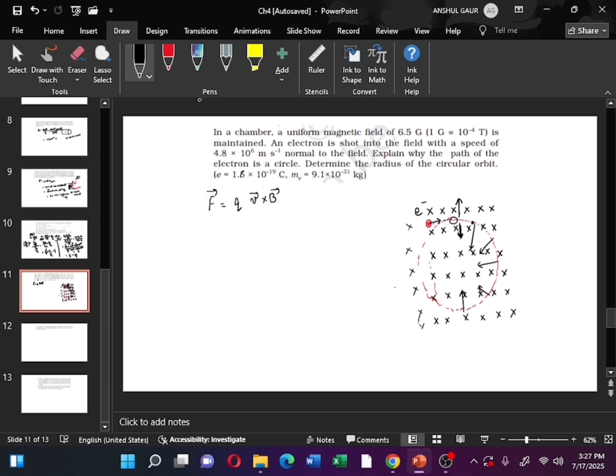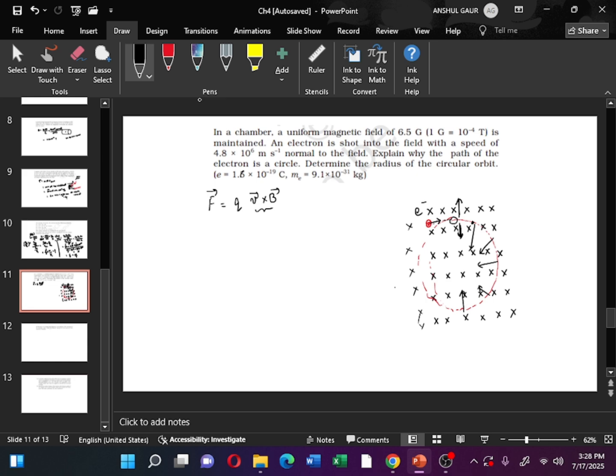The reason being, the force acting on it at every point of its journey is always towards the center of the circular path, and the force is perpendicular to both the initial direction of velocity and the magnetic field.